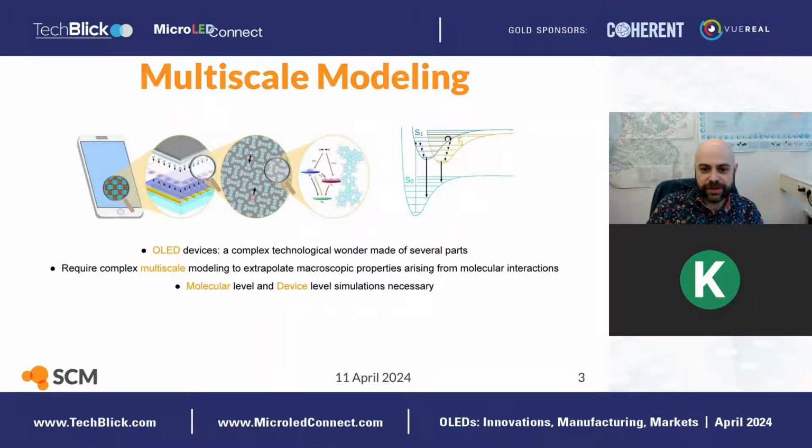So we start from the very fine electronic properties of the molecules present within the device. We use those to simulate and model the structure of the organic semiconductor layer, and then use the information we gather from those simulations to calculate the response of the device, in terms of what you actually see and what you need.